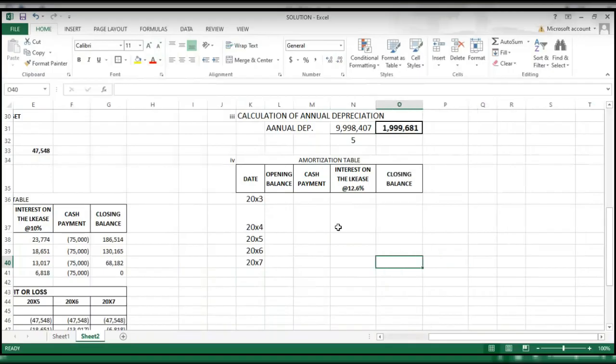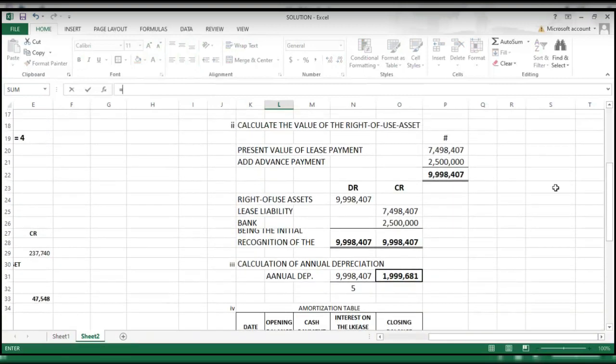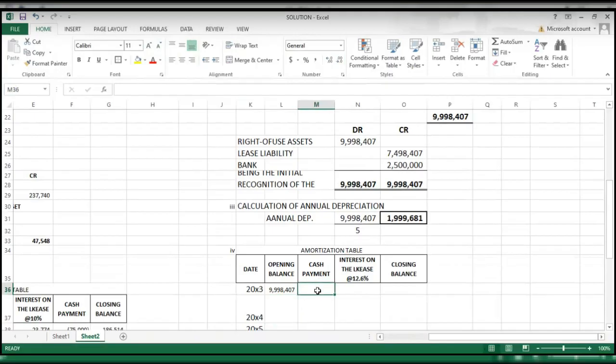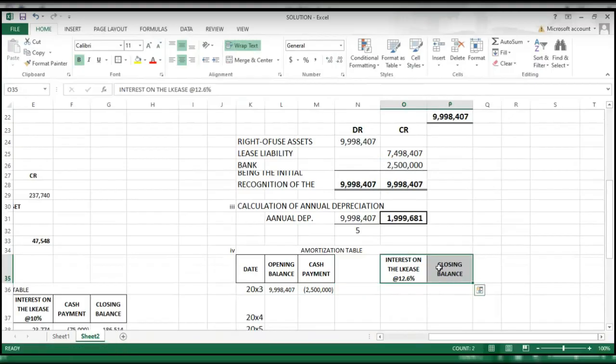Lease payment in advance. So the opening balance is the value of the right of use asset, the value at the beginning, and then the initial cash that is paid is 2.5 million. It will be there as a negative figure because it is an outflow of cash. Then we calculate interest. Let me restate the balance so that you know what we are calculating interest on.